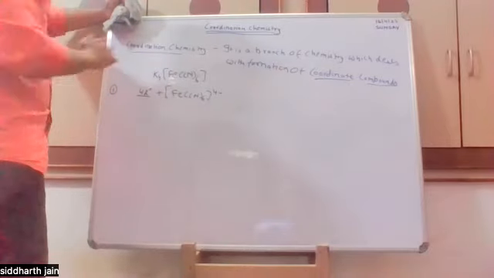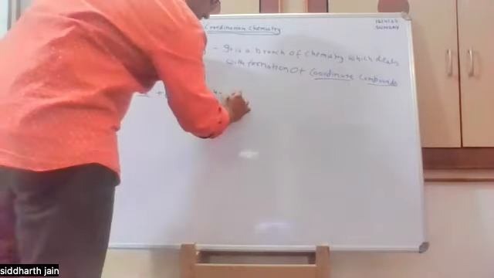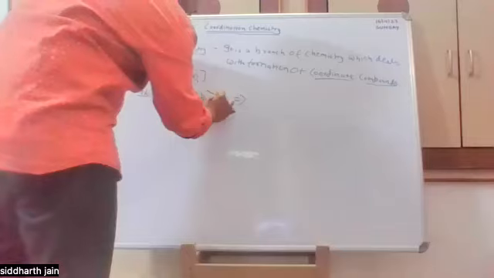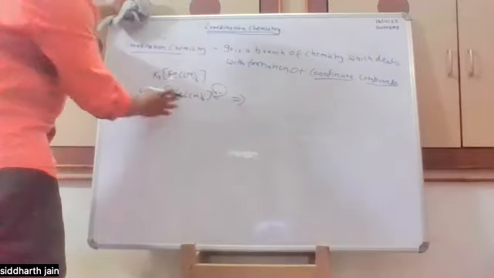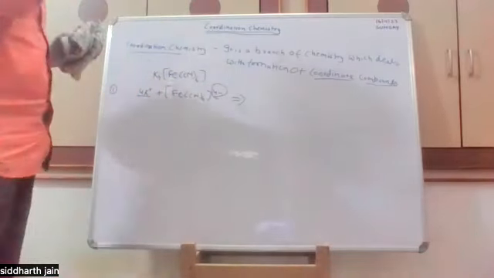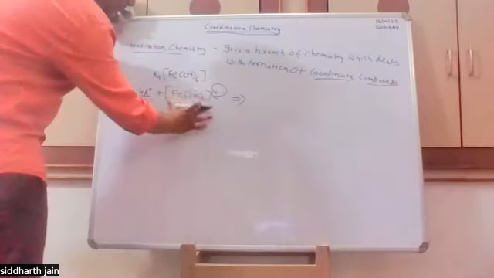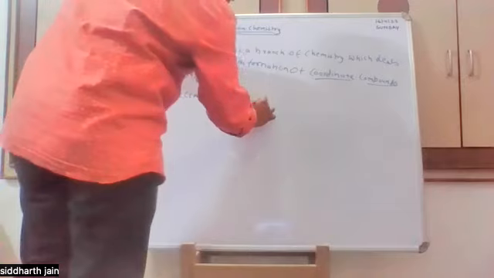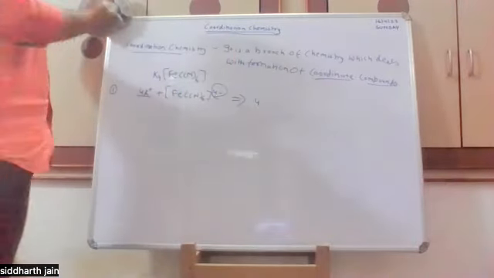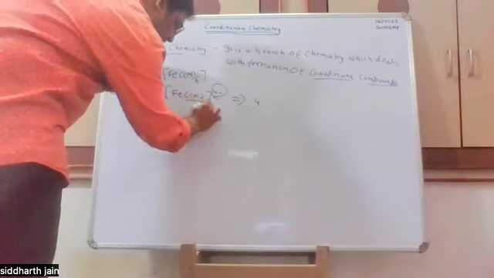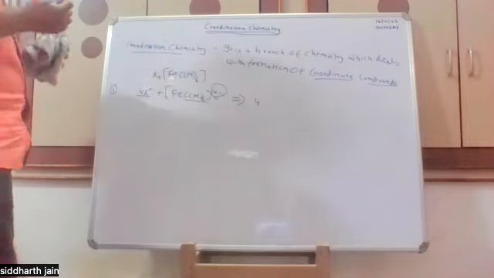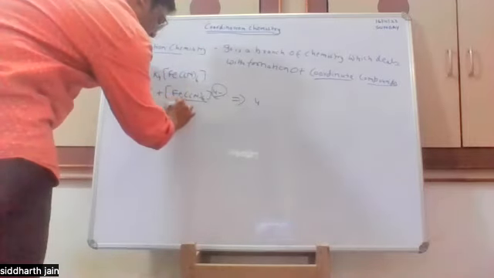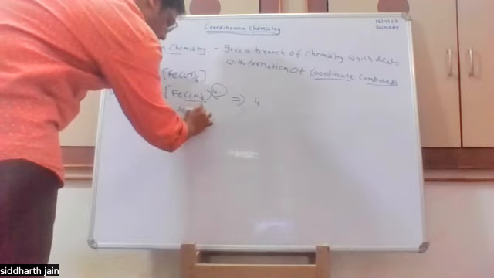So the primary valency is the oxidation number that appears outside the coordination sphere or the square bracket. So it has a primary valency of 4. And the secondary valencies are those valencies which are attached inside the square bracket. So it has a secondary valency equal to 6.